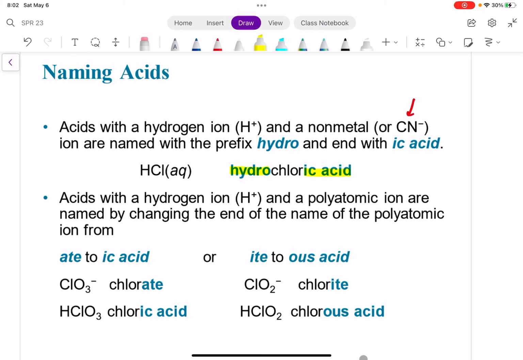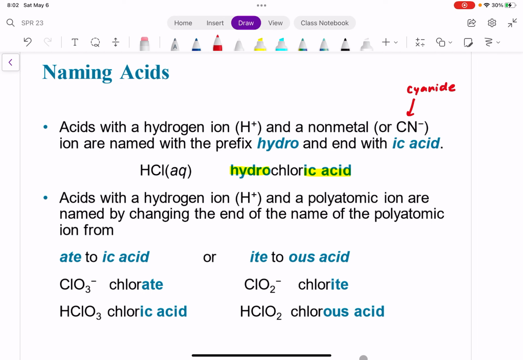Hydrochloric acid is hydrogen bonded with chlorine, specifically ions: hydrogen ion and chloride, the chlorine ion. That's when the acid is just a hydrogen ion and a nonmetal, or cyanide. Remember, that was one of the ones that you're supposed to memorize.